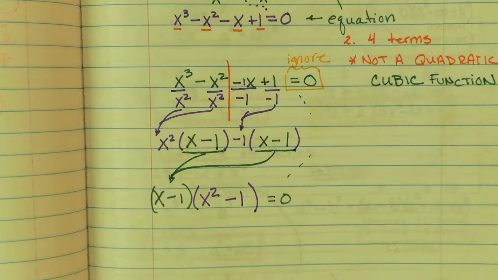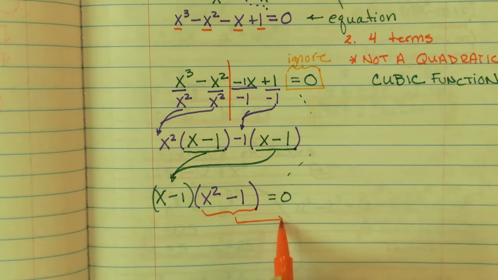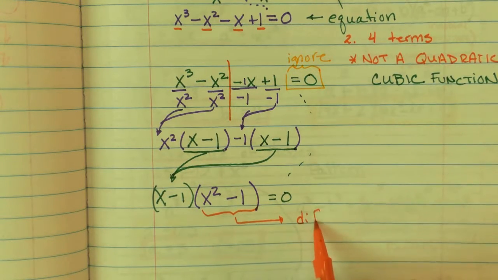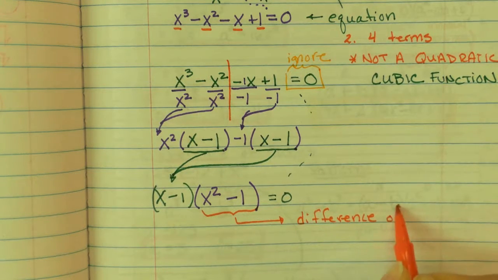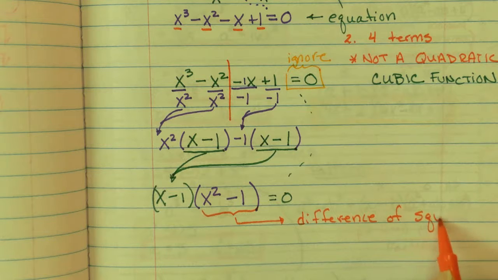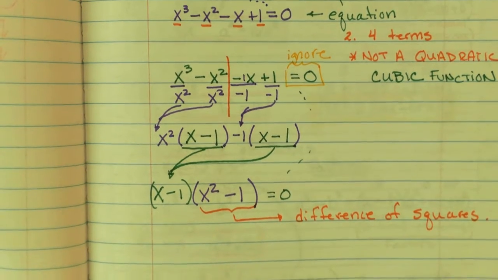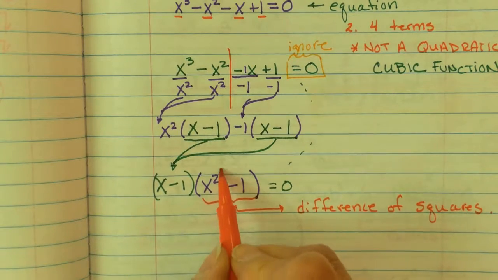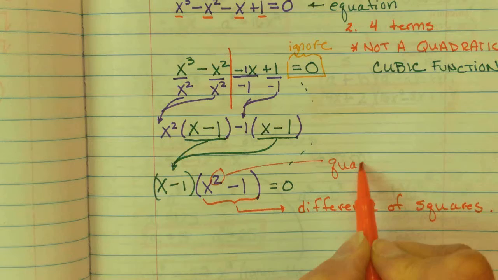Now at first you may think that you are done, but you're not. You have to recognize that this right here is the difference of squares. So we can do the shortcut with that. This here is a quadratic.